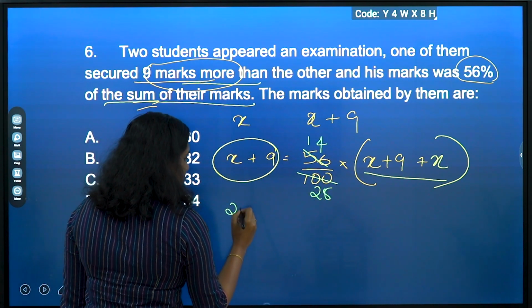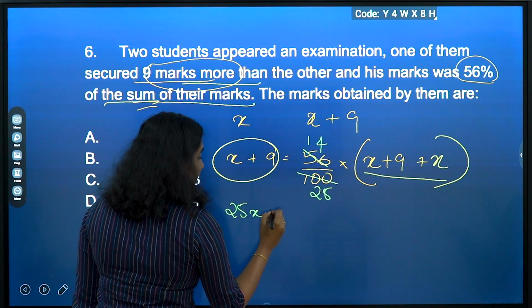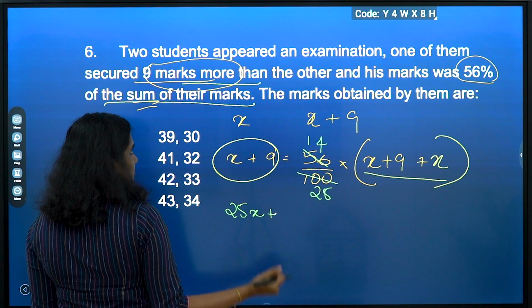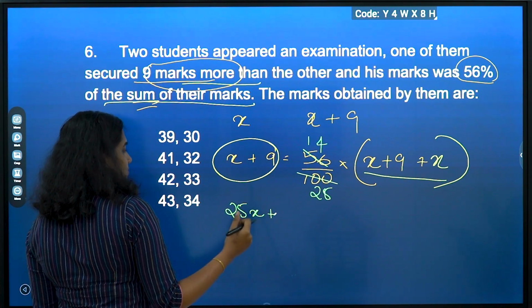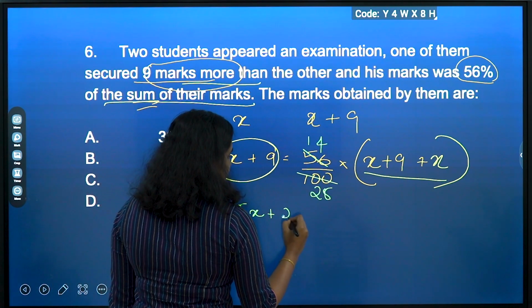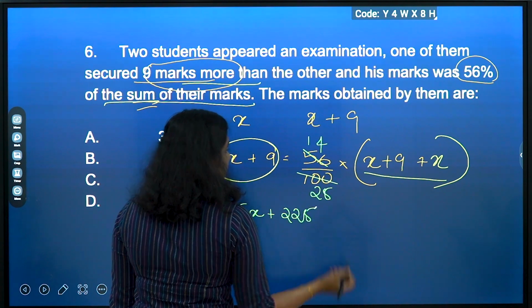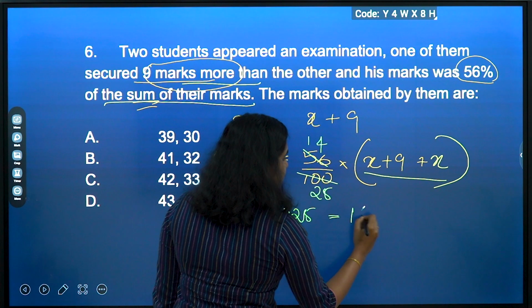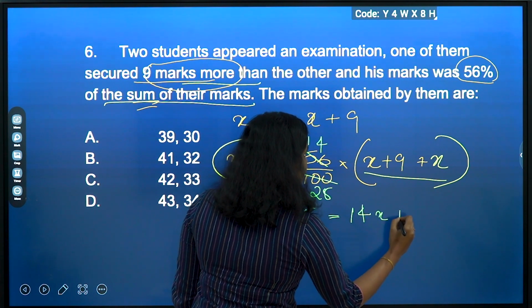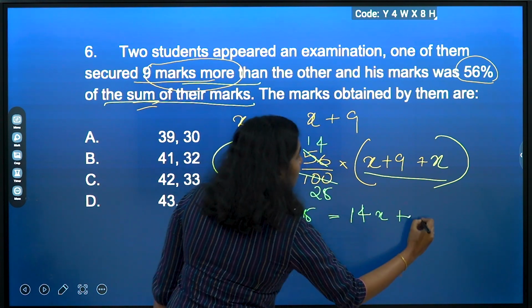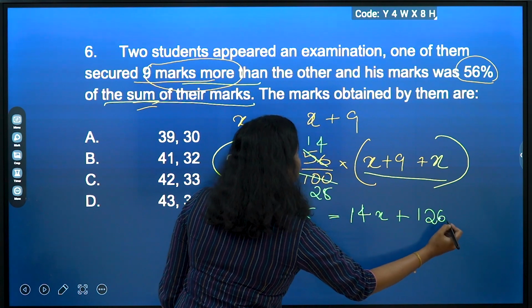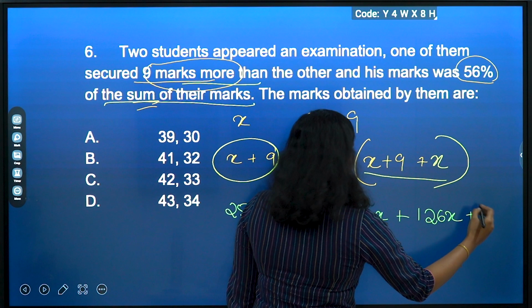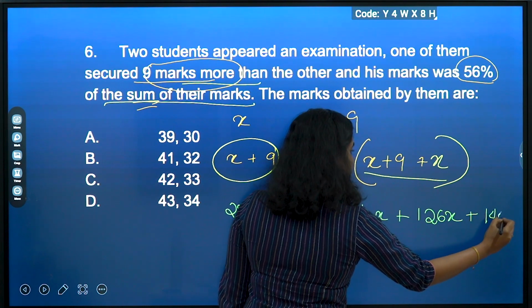So this will look like 25x plus 9 into 25 is 225, right? Is equal to 14x plus 14 into 9 is 126, plus 14x. Okay.